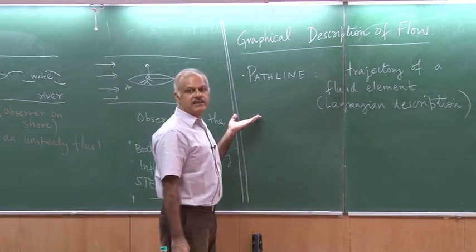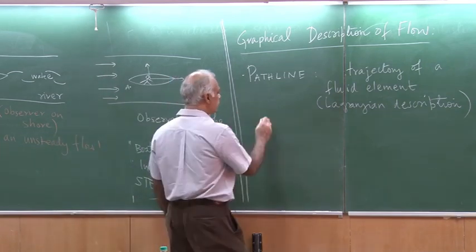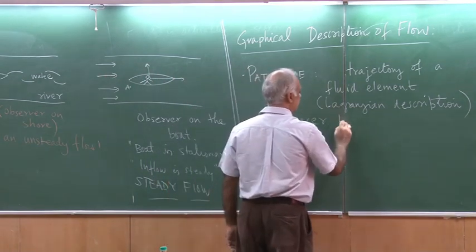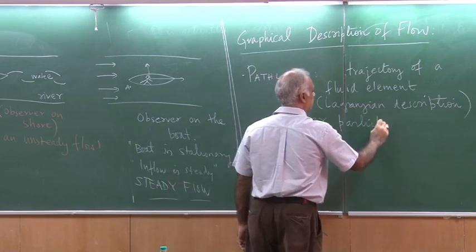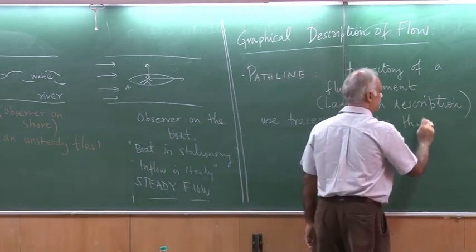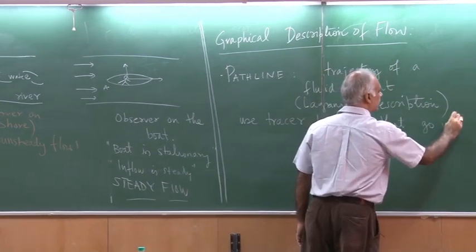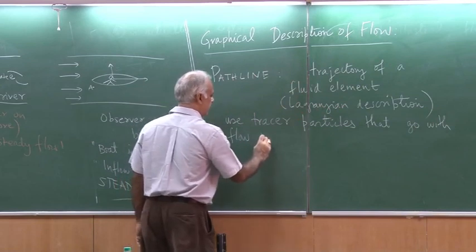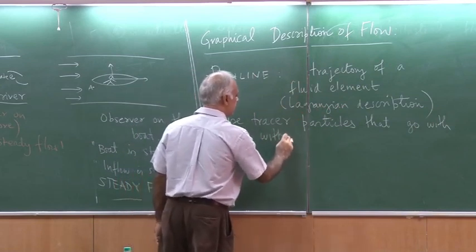How can I get path lines? I can use tracer particles that go with the flow without disturbing it.